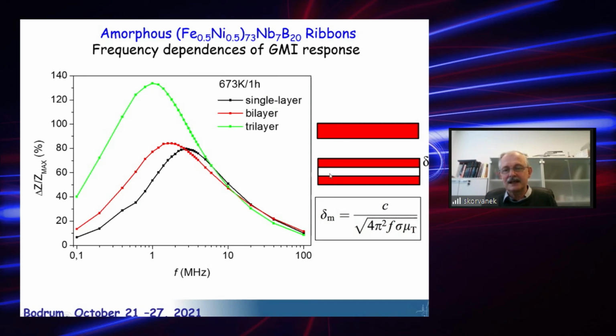It means in the three-layer ribbon, the magnetoimpedance starts to grow at lower frequencies.